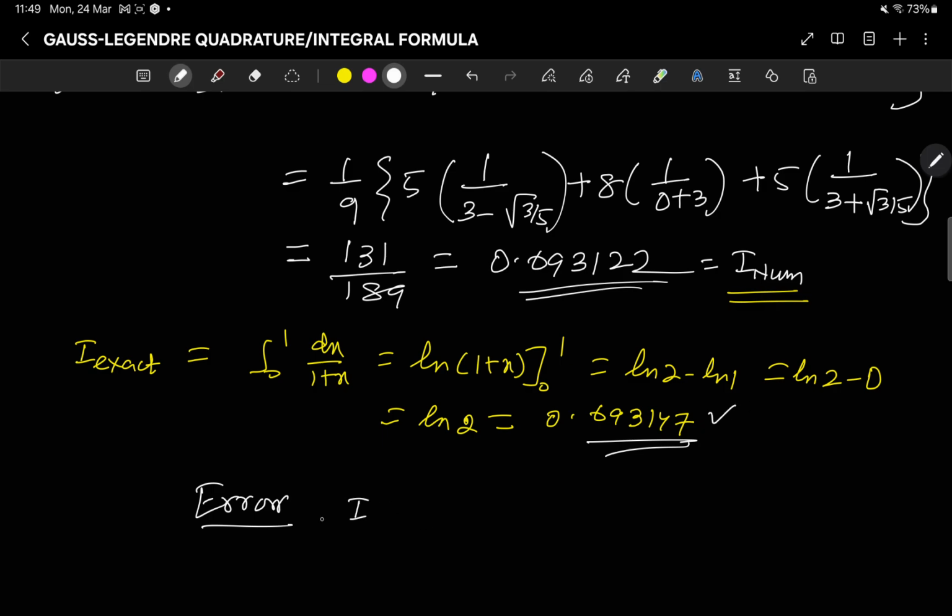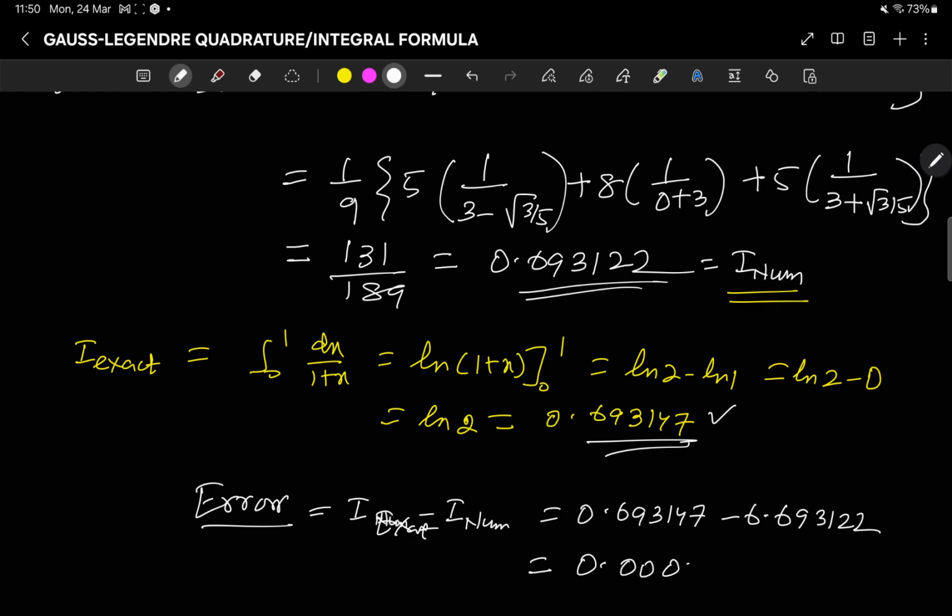So I exact minus I numerical: 0.693147 minus 0.693122. So this is equal to 0.000025. You see, the error is quite less. If we want to find up to 4 significant digits, then the error is 0.